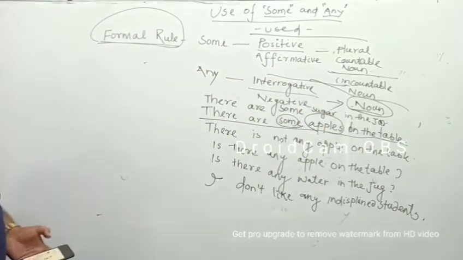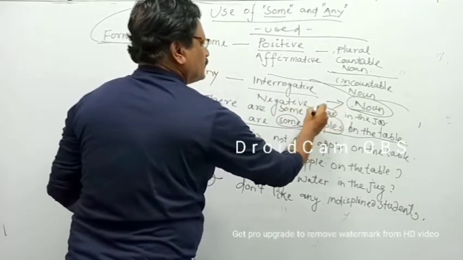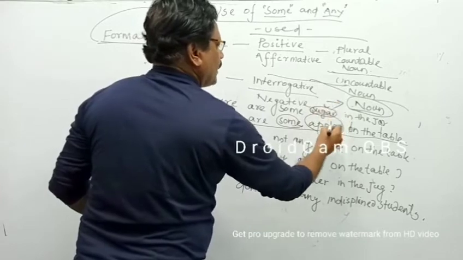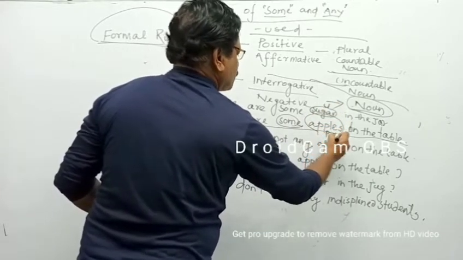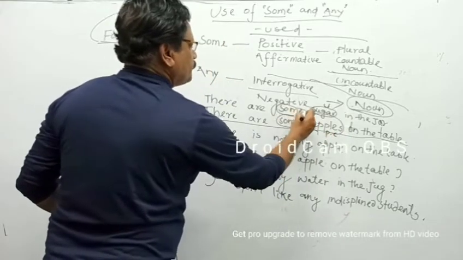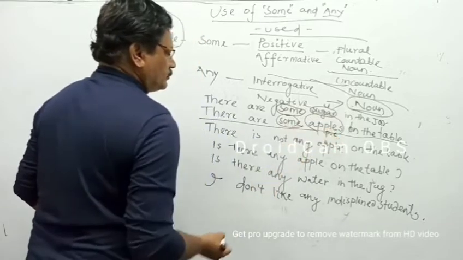Sugar is an uncountable noun. That means some can be used before uncountable nouns and before plural countable nouns.